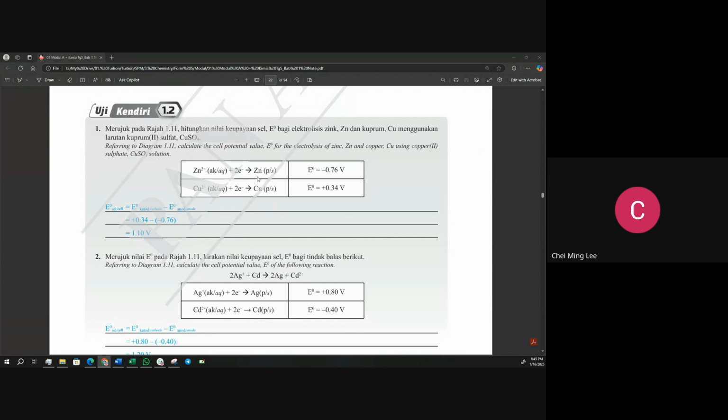Normally, if these two are like this, we will choose the one with the most negativity as the negative terminal, which is the anode. So this one is the cathode, this one is the anode. So cathode minus anode, 0.34 minus negative 0.76, which is 1.1.